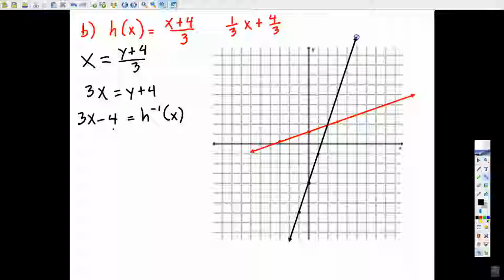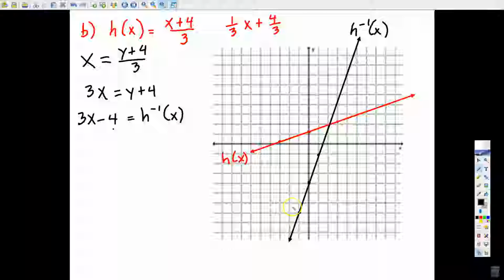And so my black line represents the graph of the inverse. So I'm going to label these. This red was h of x, and the black is the inverse. And you can see once again, they do reflect over, and it's always true for functions and their inverses, they always reflect over y equals x.